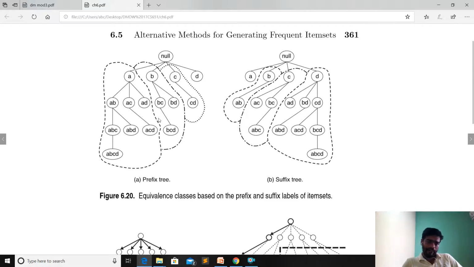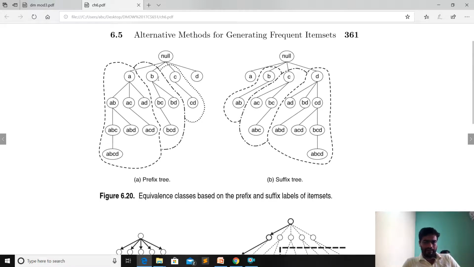What have we done in the prefix tree? Prefix is the first letter and suffix is the last letter. Taking prefix a, whatever item sets start with a: a, ab, ac, ad, abc, abd, acd, abcd, all these are one group, one prefix tree.